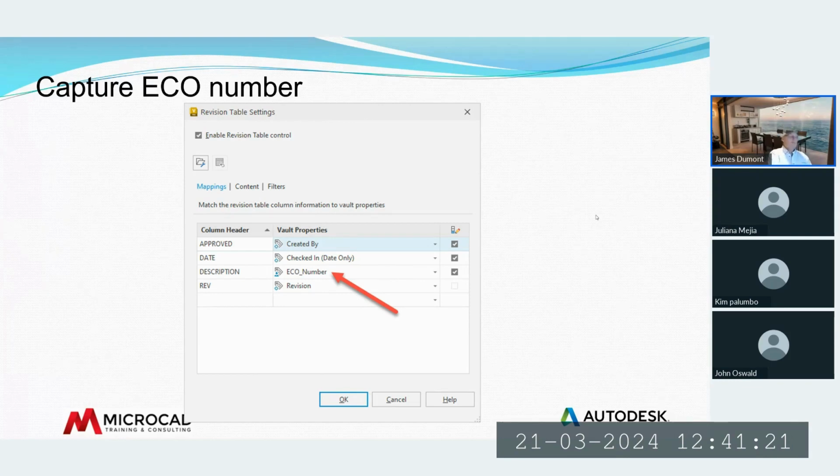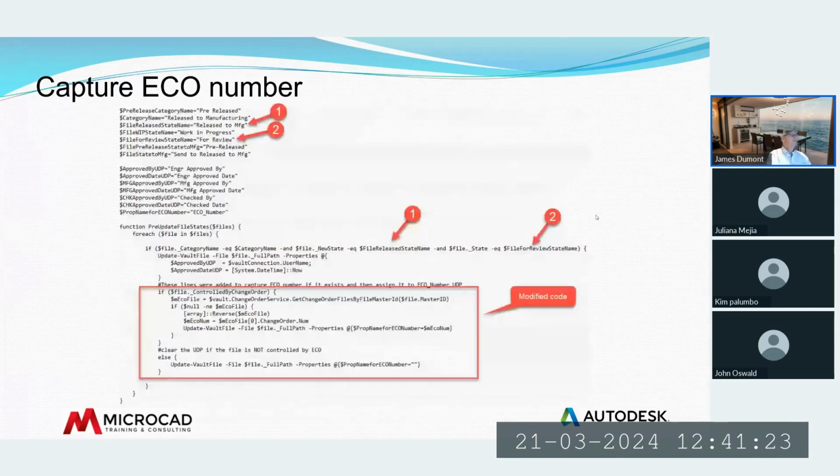And then what I did, where I clear the fields by changing the state, if I go from for review to released, the system automatically looks to see if there's a change order that's controlling this file. If there is, get the change order number, and then assign that number to the user-defined property.